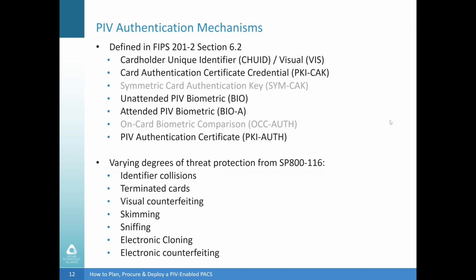Authentication using the Card Authentication Certificate, or PKI CAK, addresses some of the vulnerabilities inherent with CHUID authentication. As the name implies, it uses a federal public key infrastructure certificate. The certificate is read from the contactless interface of the card. The status of that certificate is obtained from the issuing certificate authority, and that shows us that the card hasn't been revoked.